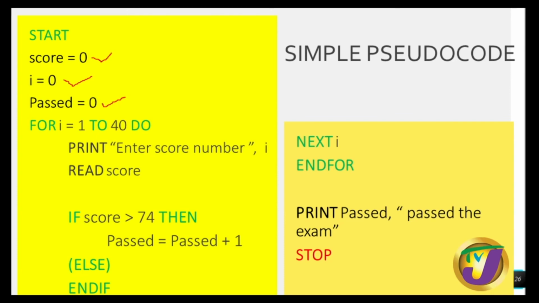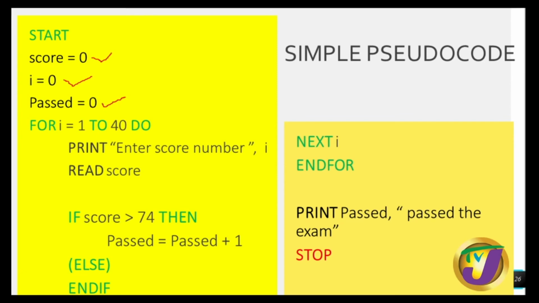Then we go into the for loop. For I equal 1 to 40, do. And inside of that for loop, we now throw everything that we need for the particular solution to be realized.